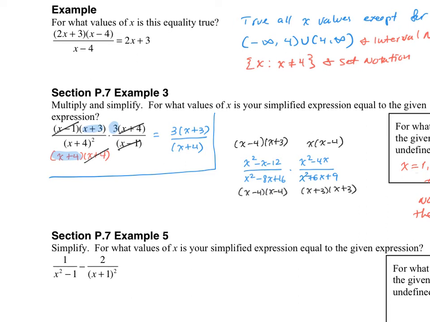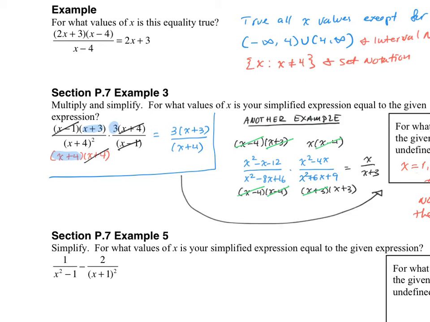And then you just cross out like terms. Remember, the only condition is one on the top, one on the bottom. So this will cancel that, this will cancel that, this will cancel this. The only thing left will be x over x plus 3. And that's it. All right, so this is another example. Remember, this is connected to this part right here.